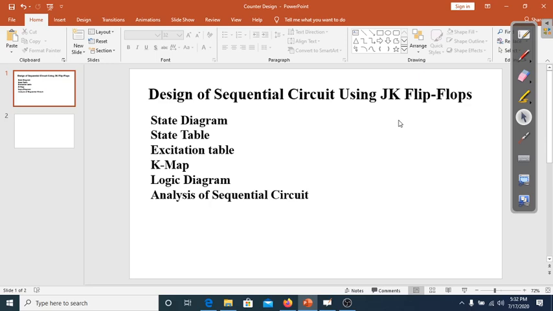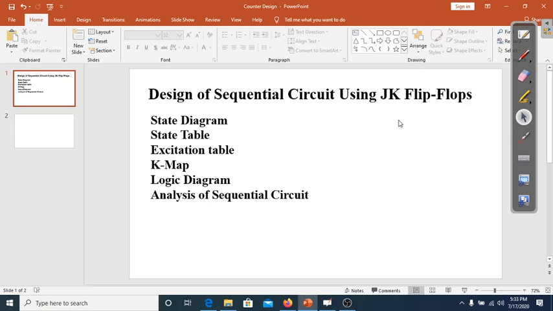Furthermore, the design procedure of the sequential circuit usually comprises the following steps. First, the circuit behavior description may be accomplished by the state table or the state diagram.